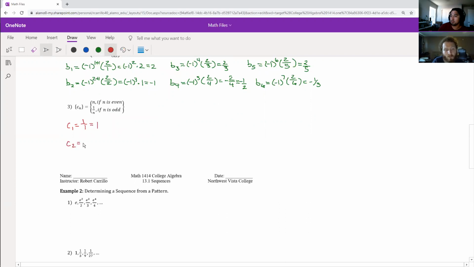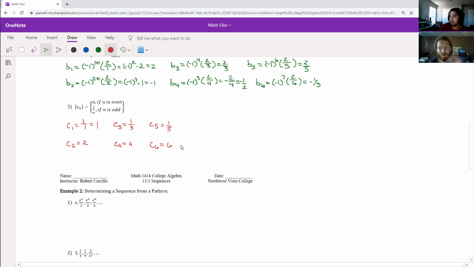C sub 2, we have to plug this into the part of the definition that lets us treat even numbers. So this is just 2, because we just plug it straight in for n, right? C sub 3 will be 1 over 3. C sub 4 is just 4. C sub 5 is 1/5. And C sub 6 is just 6.